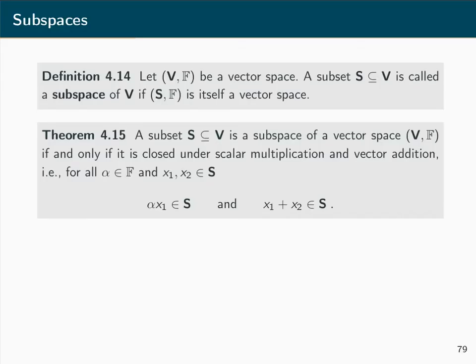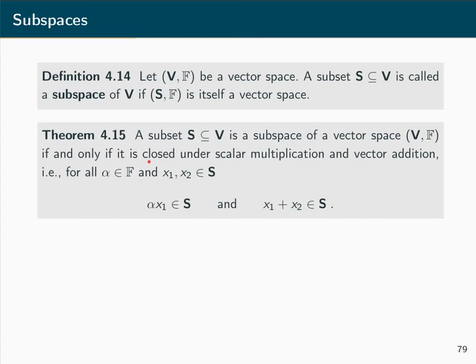Or, to make matters more simple, you can use the result of Theorem 4.15. The theorem states that if V is a vector space and S is some subset of V, then the subset is a subspace of V if and only if it is closed under scalar multiplication and vector addition.